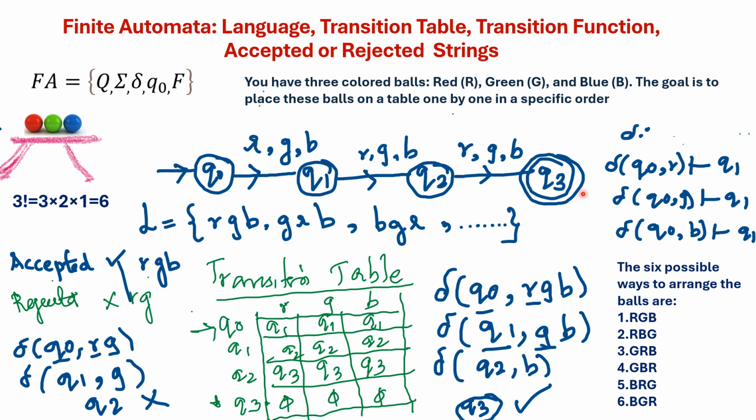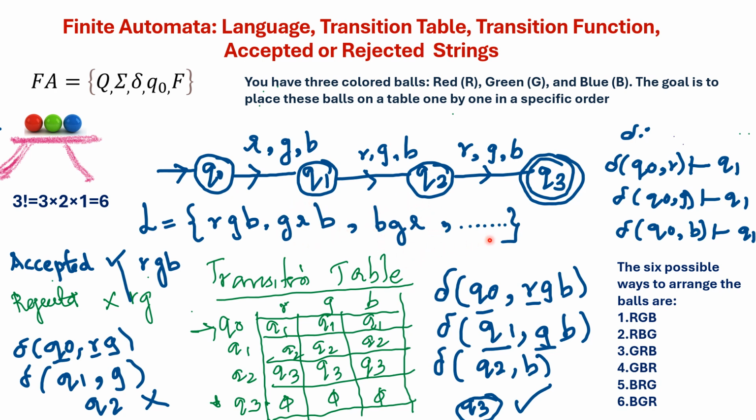And finally, we have to ensure whether the string is accepted or not. Through the transition function, we can check whether the string is accepted. This is a valid string because the given constraint is a specific order. We have 3 balls, here also 3 balls, 3 colored balls.